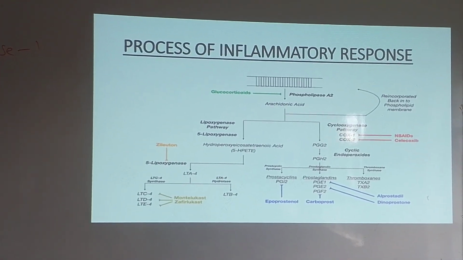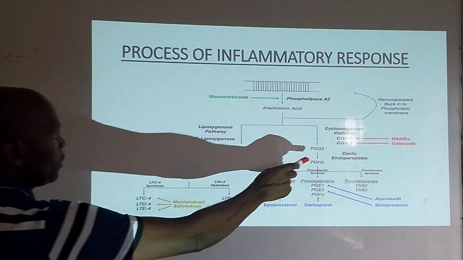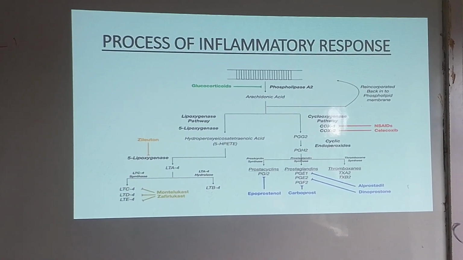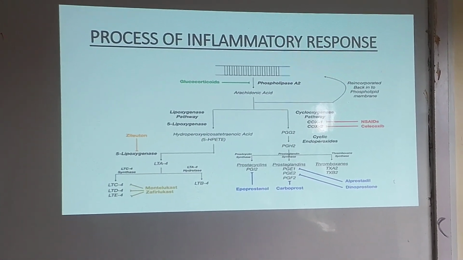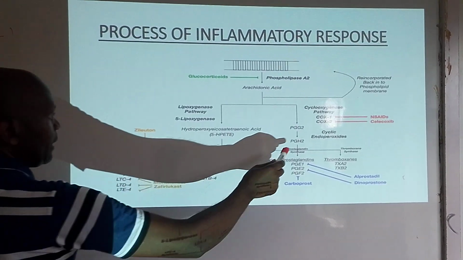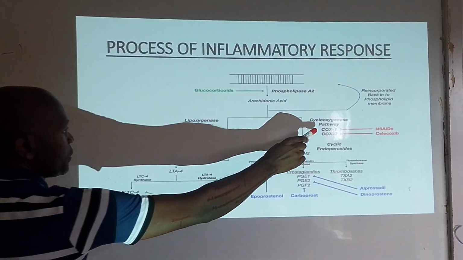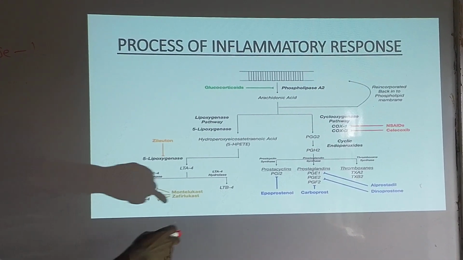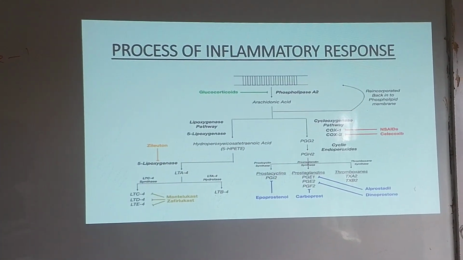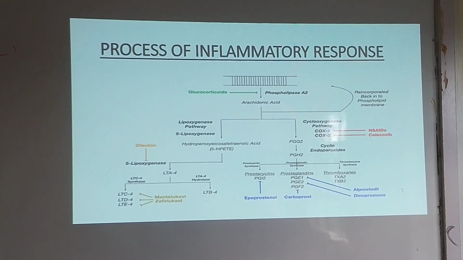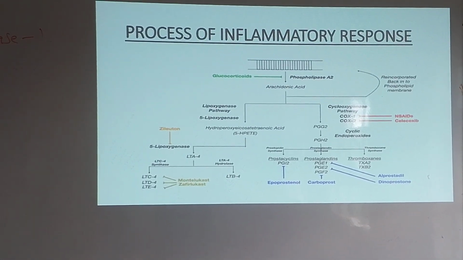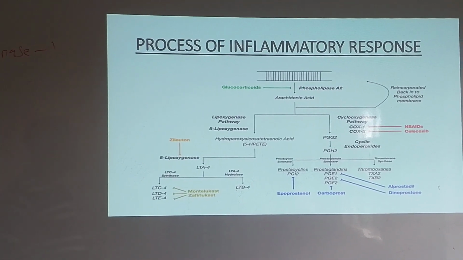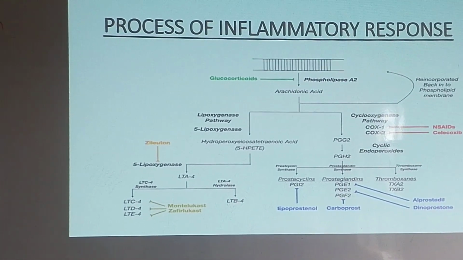But COX2 is usually activated when there is an injury. So we can say without injury, COX1 is already present and functioning to produce prostaglandin products which perform what we refer to as housekeeping functions in the body, the functions that are beneficial to the body, and we shall see in the subsequent slides.